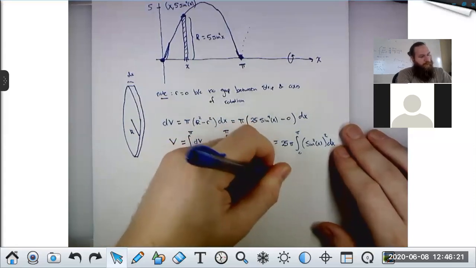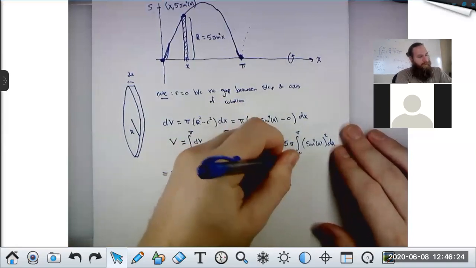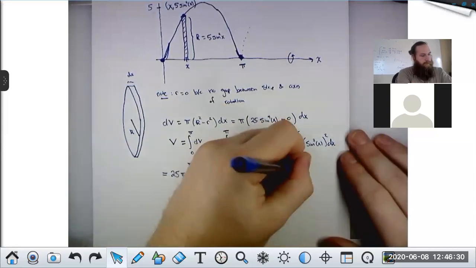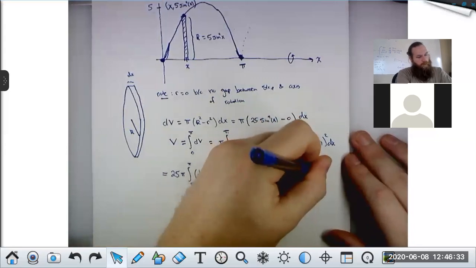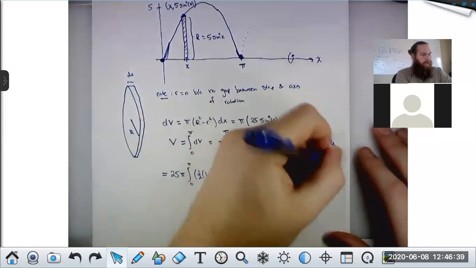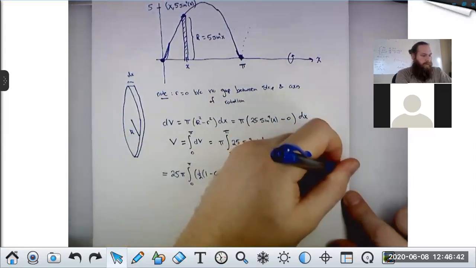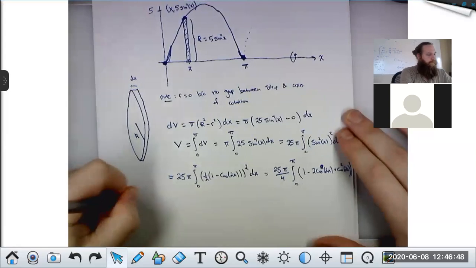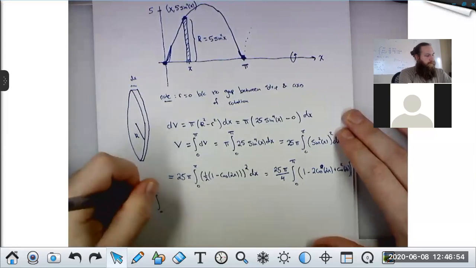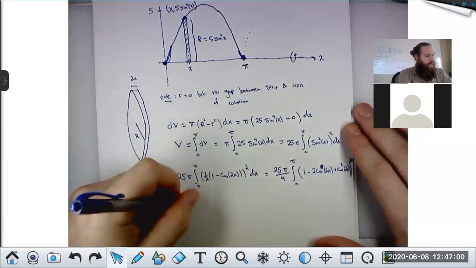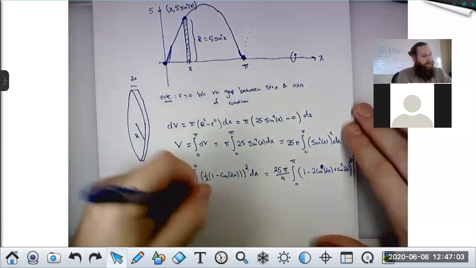I may stop a little bit short on this one, guys, because I do want us to get to the new material. I'll FOIL this out. We'll have 1 minus 2 cos 2x plus cos squared 2x dx. Sorry, I'm running out of space there. So this is 25 pi over 4 integral 0 to pi of 1 minus 2 cos 2x plus cos squared 2x.